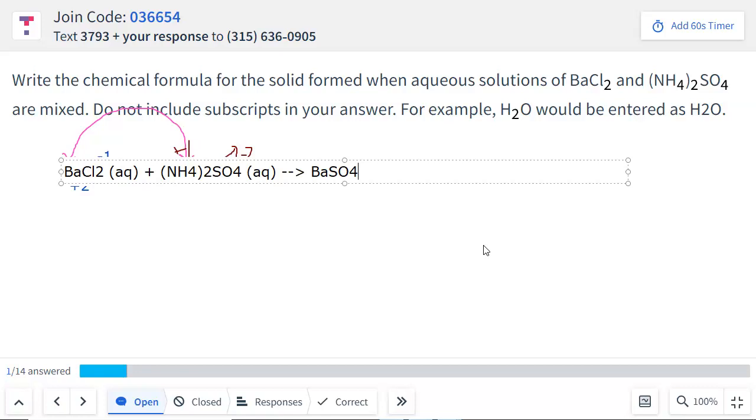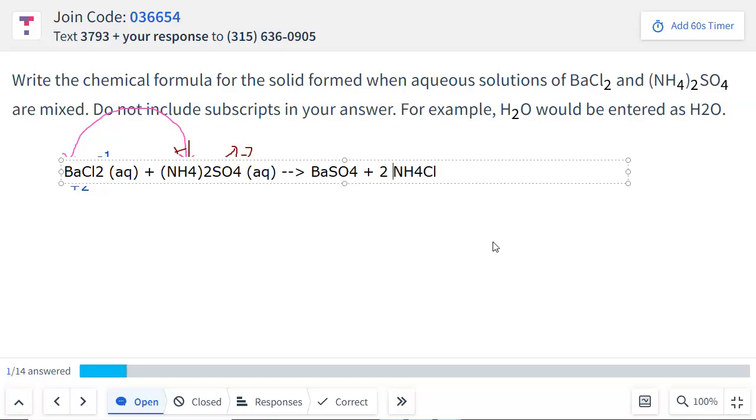I leave it right there. For the ammonium, ammonium was +1. Chloride is -1. The charges match, so I don't do anything. And so, yes, this comes out to a balancing issue where if I had to balance this, I would need a 2 there to balance out the ammoniums and the chlorides.